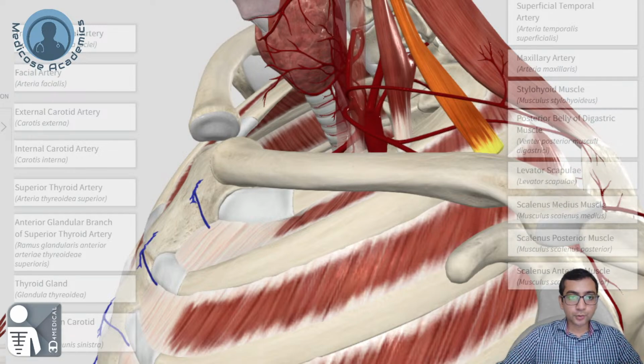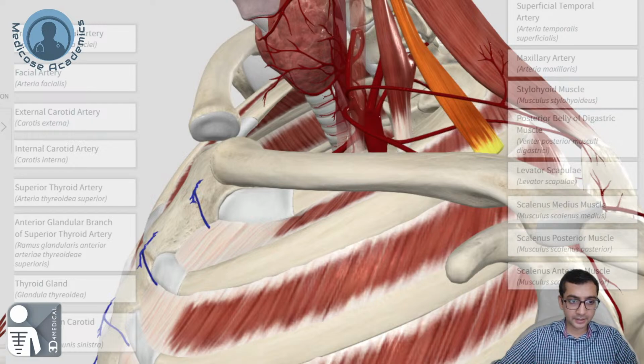Normally, what happens is that from the thyrocervical trunk there arise the inferior thyroid, the suprascapular, and the transverse cervical. Simple.